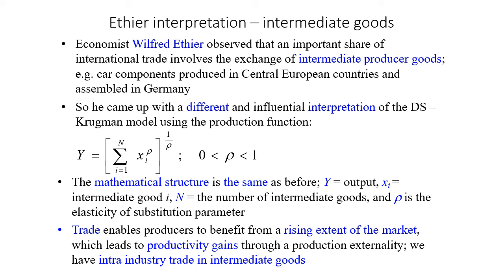What he meant by intermediate product is not the final good traveling. We're not sending a car over, we're sending the components of a car. All the things that make up the final good are being exchanged between the two countries. His model says that there are definitely productivity gains to be had through intermediate goods being traded intra-industry.